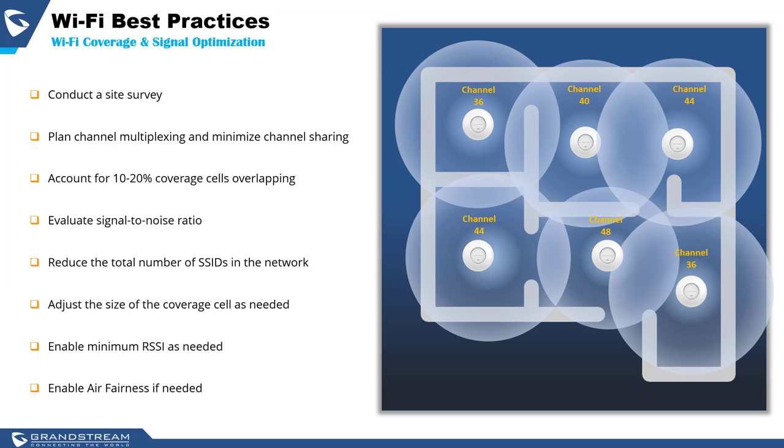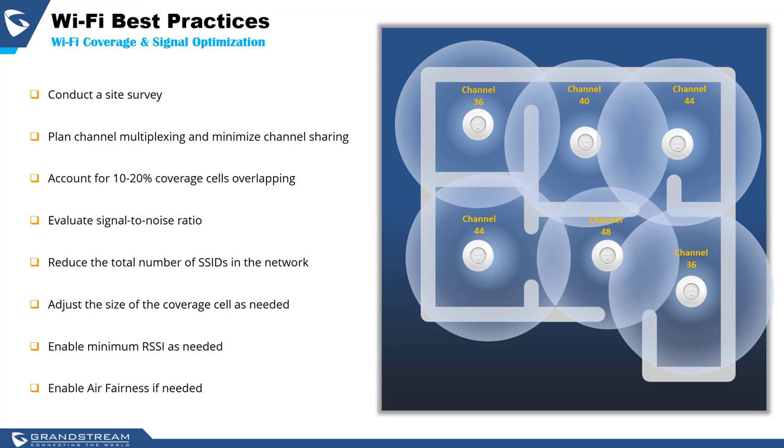Next, we have adjust the size of the coverage cell as needed. If you look at the image, at channel 48, you will see that the size of this channel is smaller, because we want it to be smaller than the other ones.